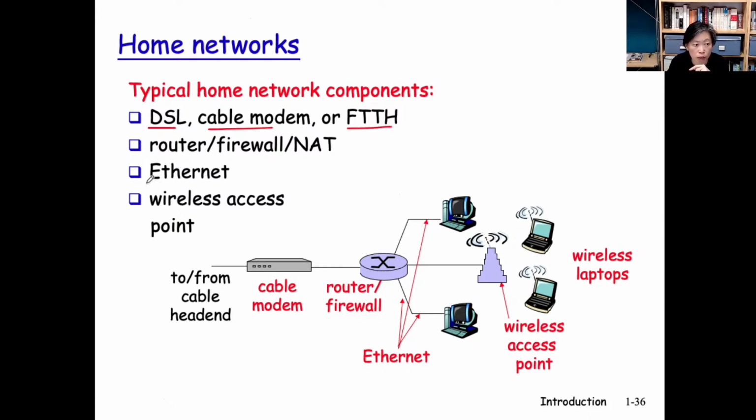We also talk about Ethernet access and the very, very popular wireless access. Now, all these 5 are access network technologies. These 3 definitely are used a lot more for residential access. These 2 definitely are used a lot more for institutional and mobile access.